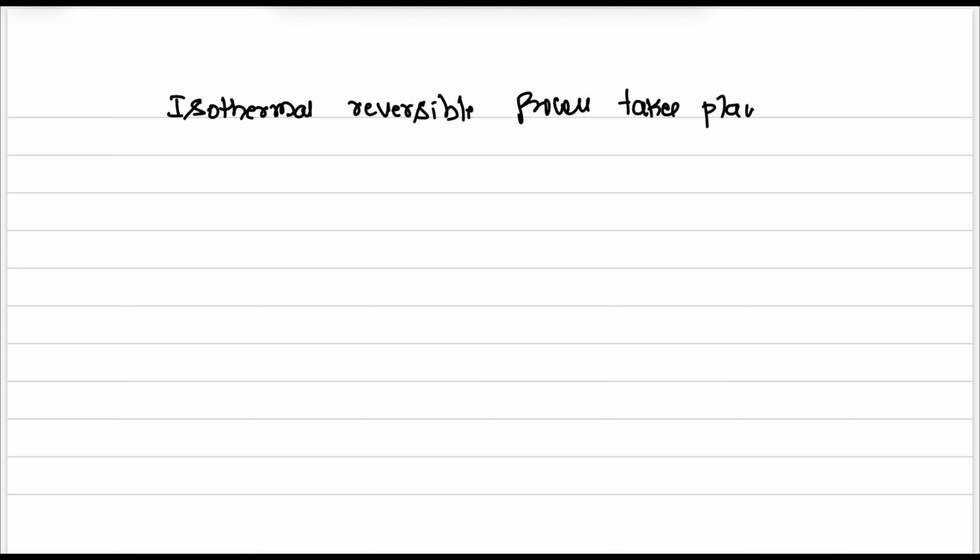We will do one good numerical on this, maybe some questions on this are asked in JEE Advanced and also in JEE Mains. We will do some numerical next lecture.